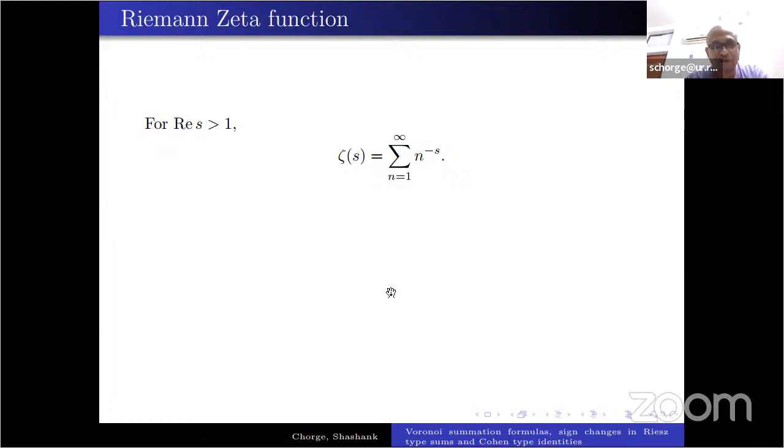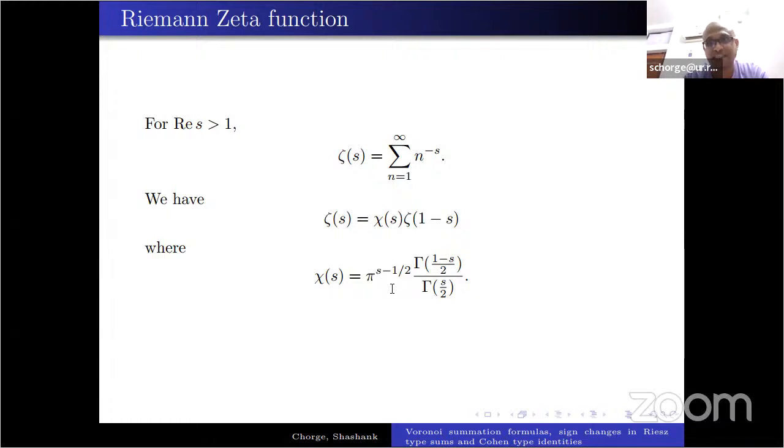Now we move on to one of the most important functions in number theory, the Riemann zeta function. The basic definition is as given: the sum of n raised to minus s for real part of s greater than 1. We can always extend it throughout the complex plane with a simple pole at s equal to 1. The following is the functional equation of the Riemann zeta function.